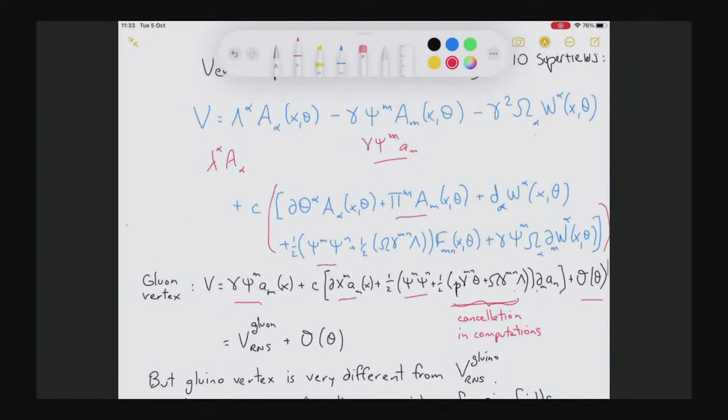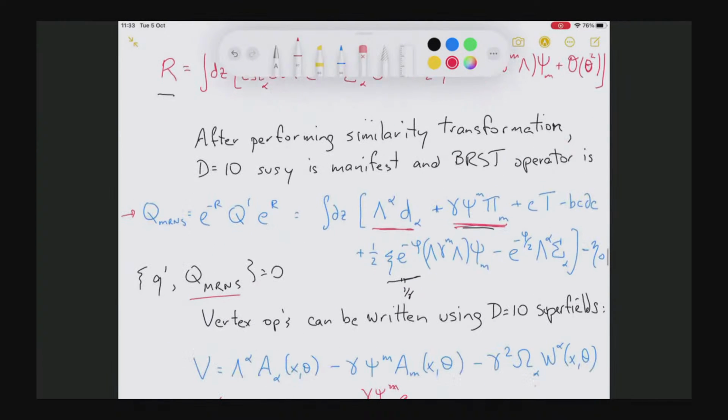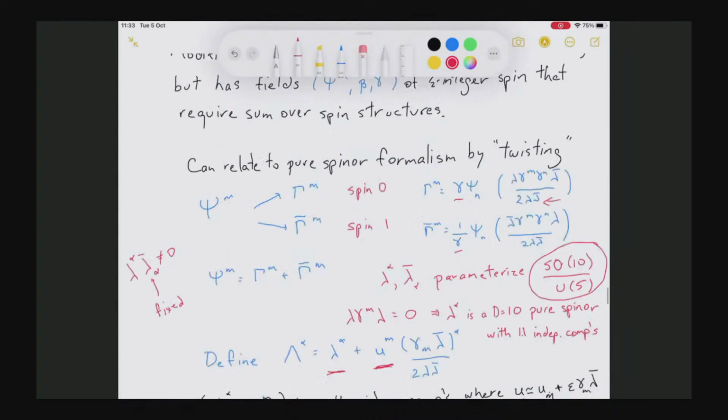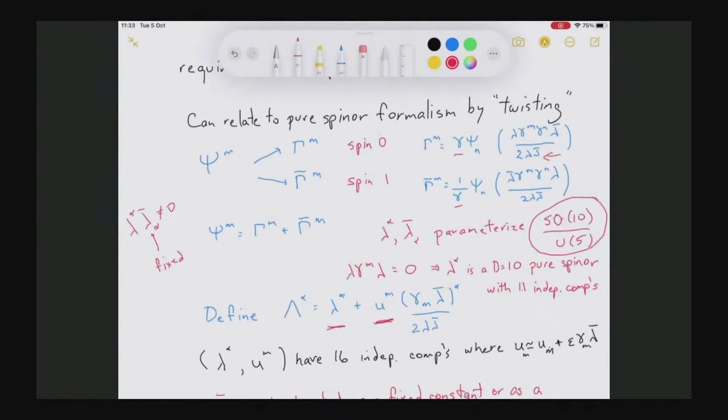And then you show that there is a different twist you can make so that you recover the pure spinor formalism. That's right. Can you describe the way back, from the pure spinor formalism back to this modified RNS formalism? Yeah. To go back to the RNS formalism, you need to obviously introduce some new variables.